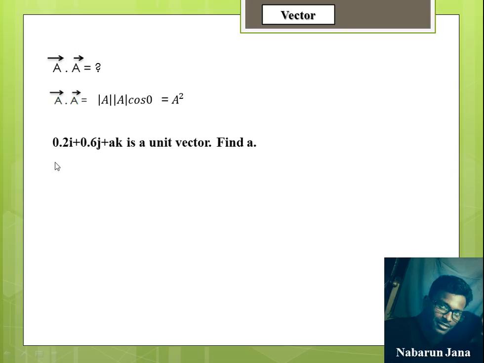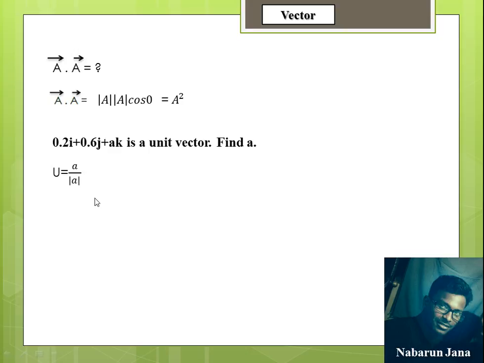The next question is, 0.2i plus 0.6j plus ak is a unit vector. This is an example of a unit vector and you have to find the value of a. You know unit vector means vector a divided by modulus of the vector a. So we can calculate a unit vector by dividing the vector by its modulus.